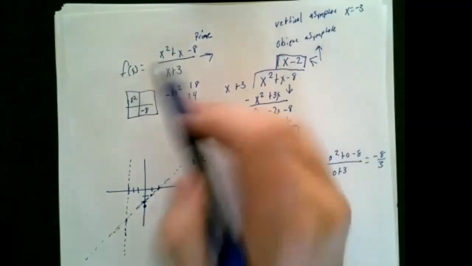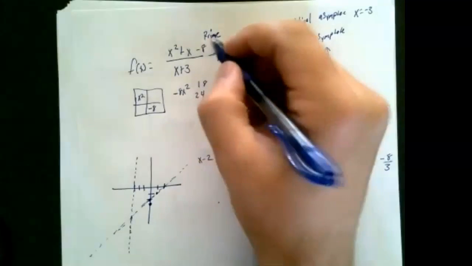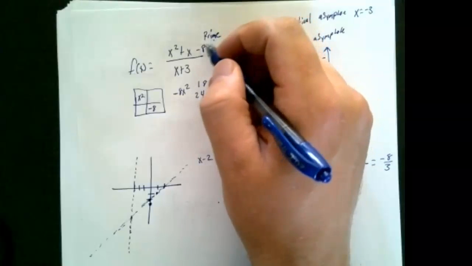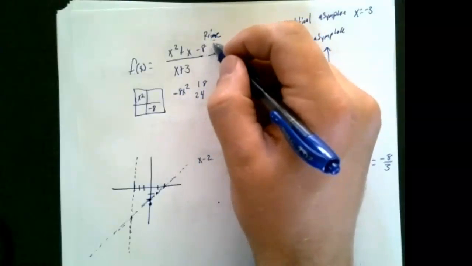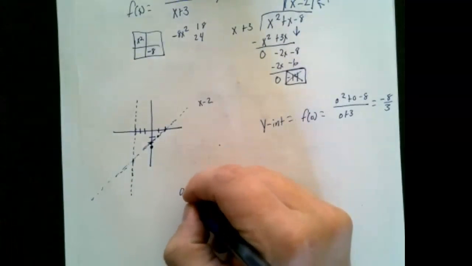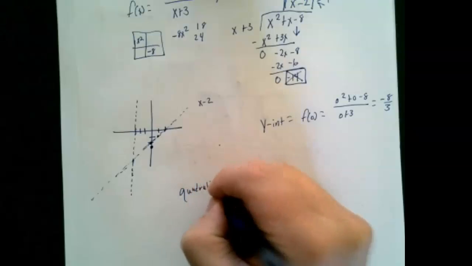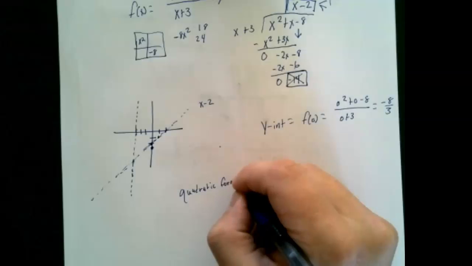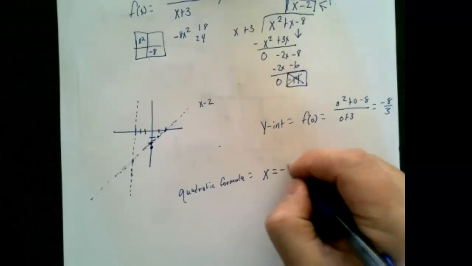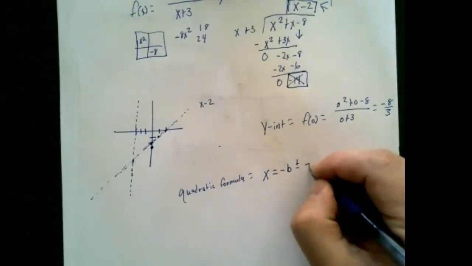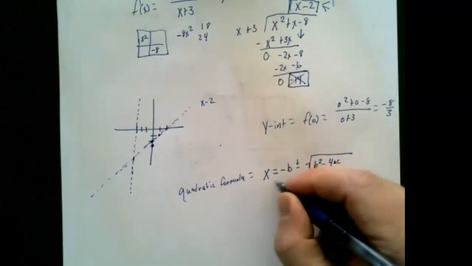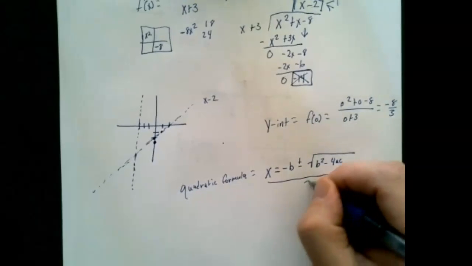This one was kind of a fun one because this hit prime. So in the event you have a prime equation like this, just remember what you have in your toolbox. You could use the quadratic formula to find the zeros, which is x is equal to the opposite of b plus or minus the square root of b squared minus 4ac, all over 2a.